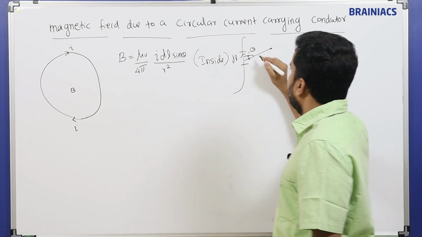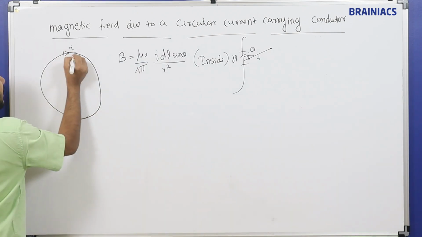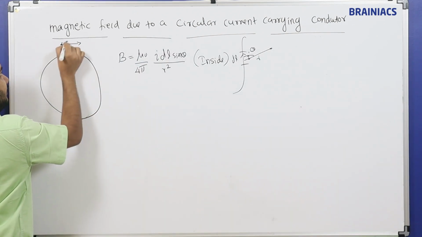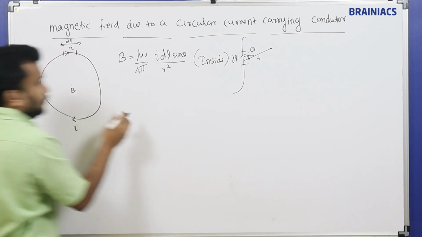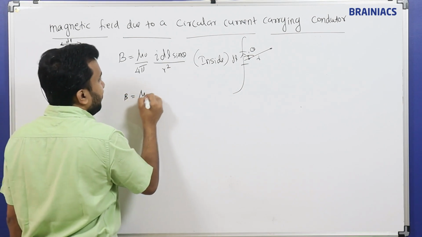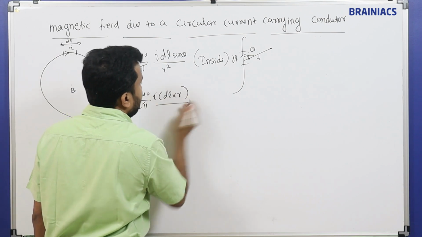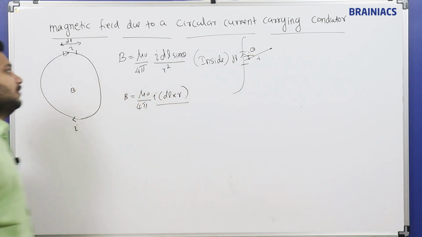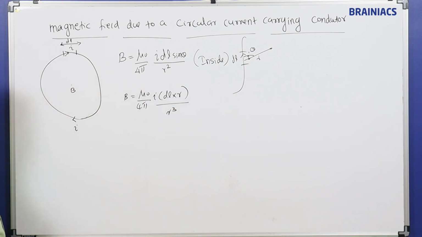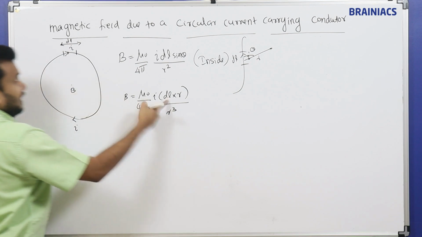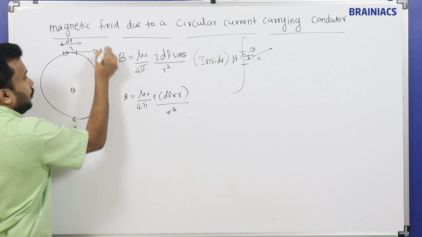So if I take a small current element of length dl, in vector format, mu 0 by 4 pi into I into dl cross r divided by r cube. The dl direction, its length direction, is the same as the I direction. So this is called I dl together.